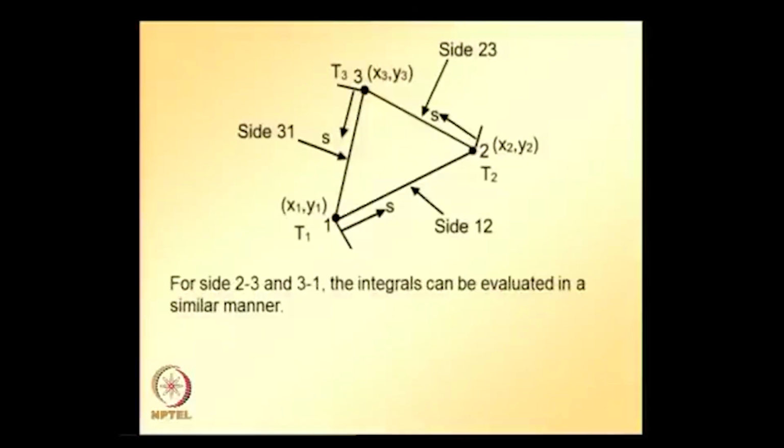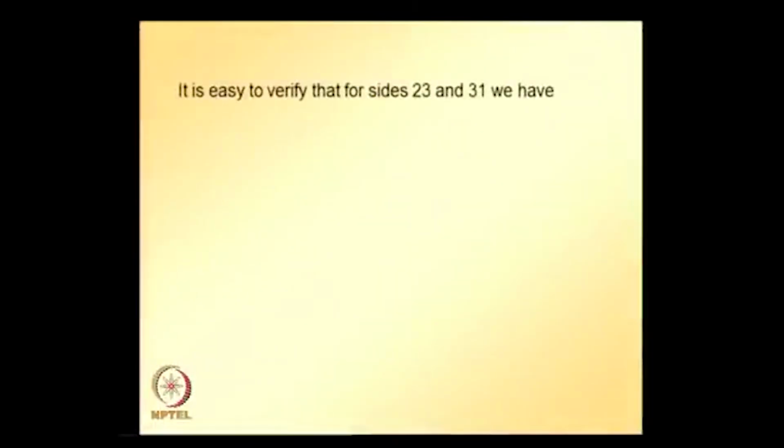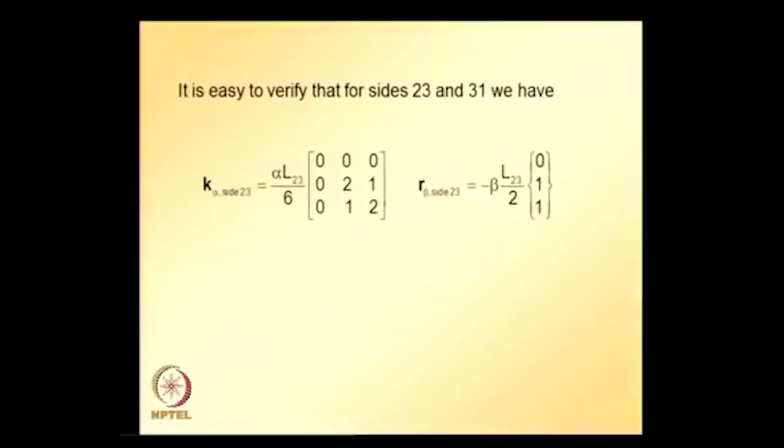and what about other sides? For other sides like side 2 3 and 3 1, integrals can be evaluated in a similar manner, and finally we can get equations for all sides. While doing this, the only thing that differs for each of the sides is the placement of zeros in the shape function matrix N. It is easy to verify that for sides 2 3 and 3 1, the corresponding k alpha r beta are like this.